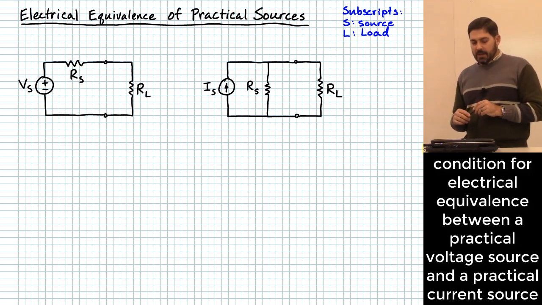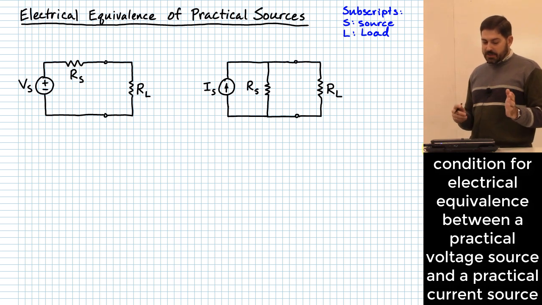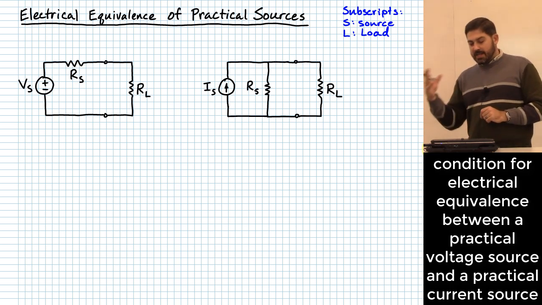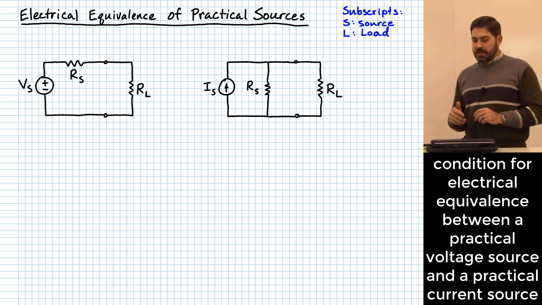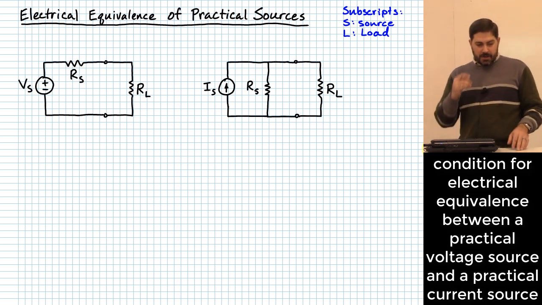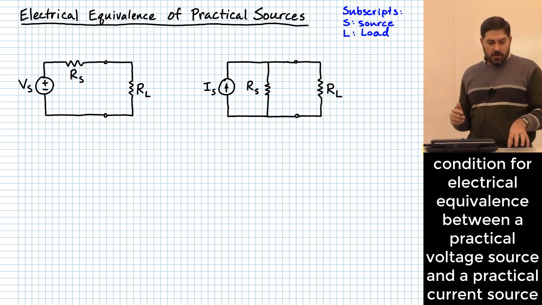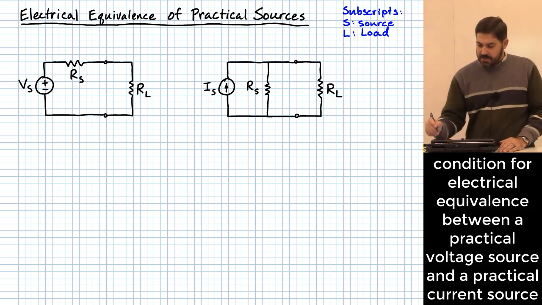Okay. In the left case, I have a practical voltage source connected to a load resistance RL. And in the right case, I have a practical current source connected to a load resistance RL. Okay? And what we're going to do here is we're going to try to see what the VL and IL will be in each one of these cases.